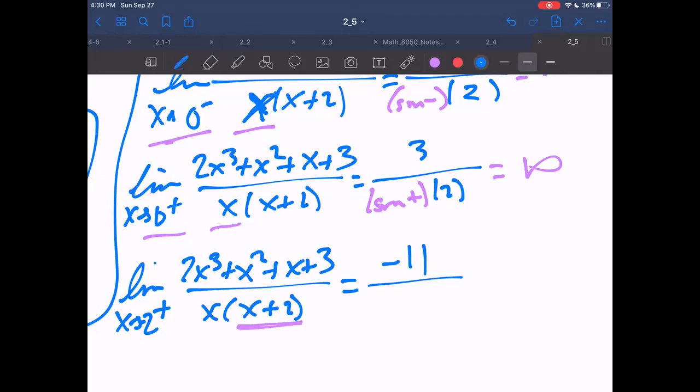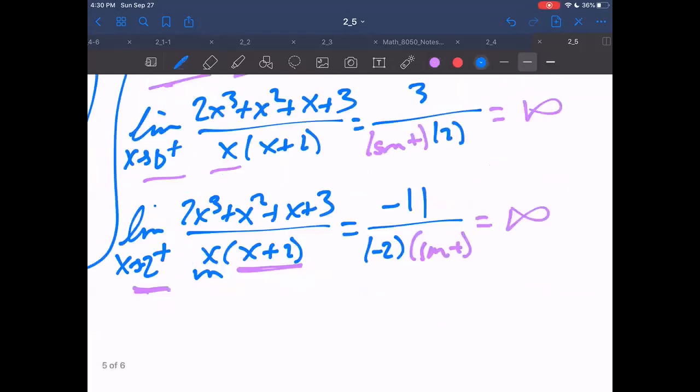But we get a negative 2 from here. And then if we're looking at negative 2 from the right, we're looking at all the values that are greater than negative 2. So if I add 2 to those, then it'll give me some positive number. So we get positive infinity.